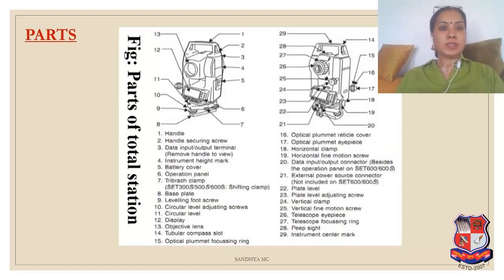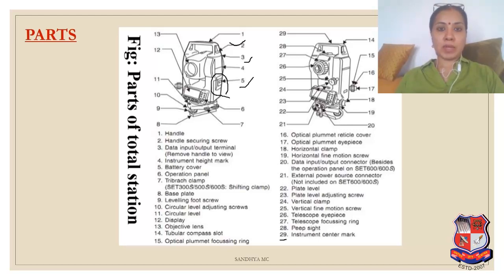In this figure, the parts of a total station are marked here. There are almost 29 parts listed out. So just go through this figure and try to understand where each part is assembled or located. We can see the first is the handle, and the handle securing screw is there, and the third one is the data input or output terminal, and the fifth one is the battery cover.